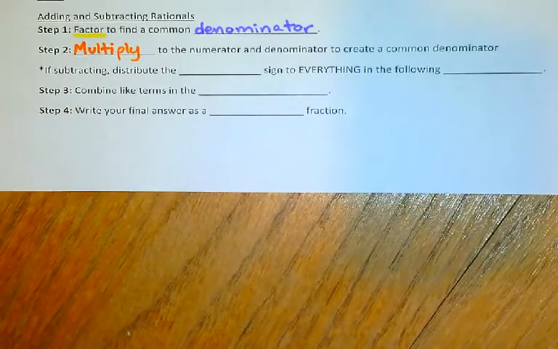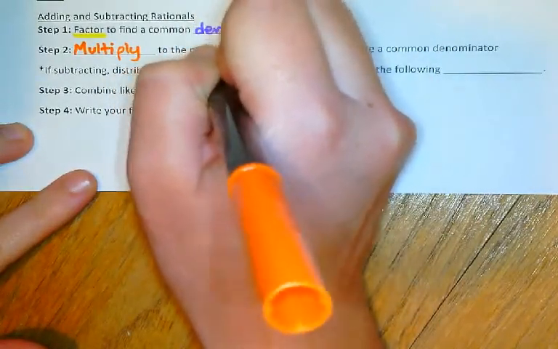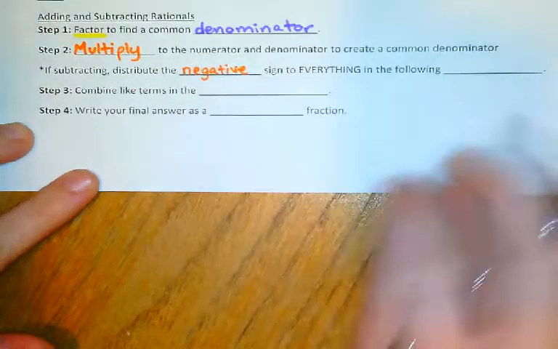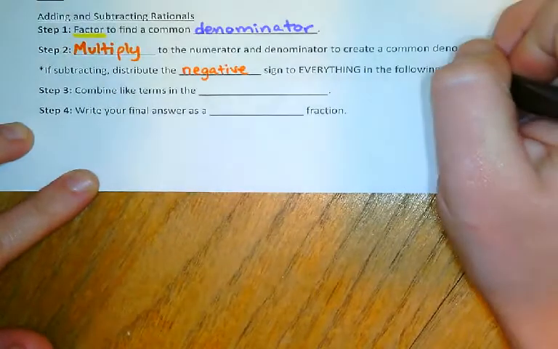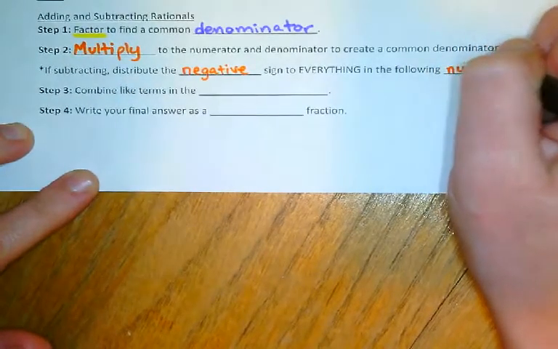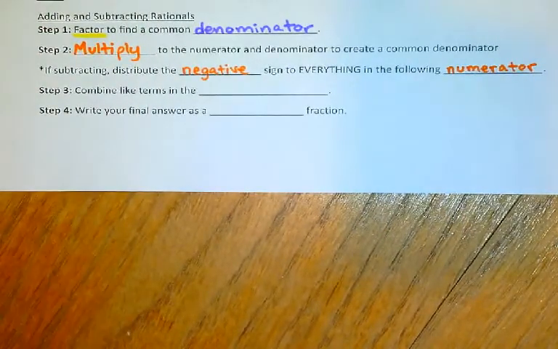If we're subtracting fractions rather than adding, then that means we need to distribute the negative sign to everything in the following numerator. Because when you're subtracting, that minus sign is basically just changing the sign of everything behind it in the parentheses.